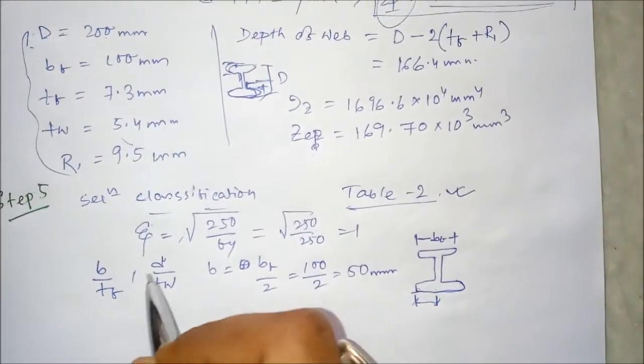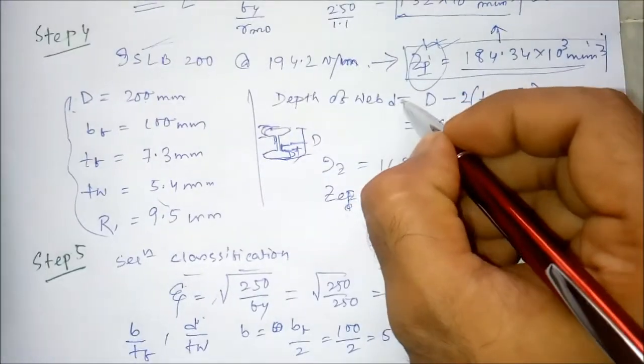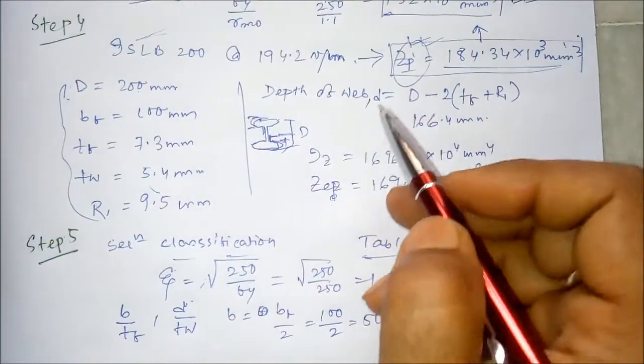So b is known. Now small d, we have already found out the small d value, that is the depth of the web.